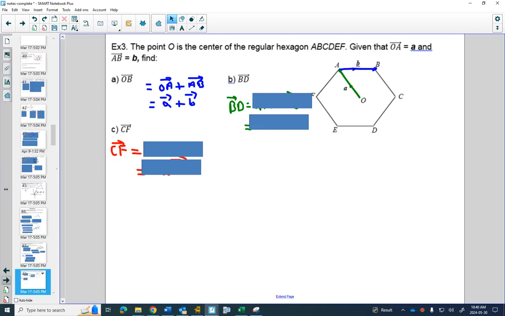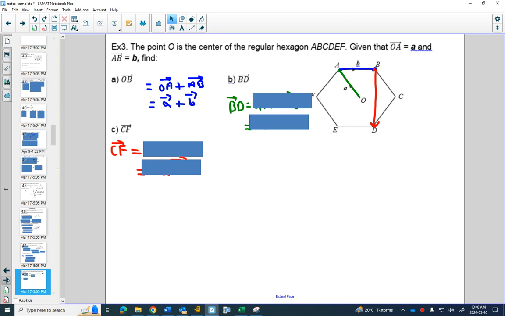How would you go from B to D? From B to D, this is what we want to do. We want to start here and we want to end here. You could figure this out in a bunch of different ways.